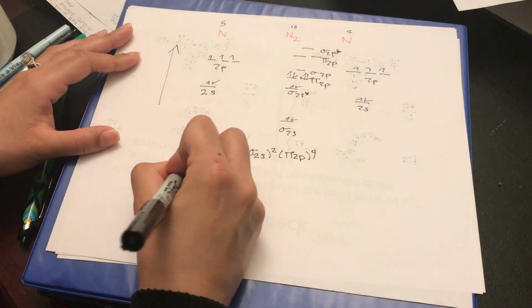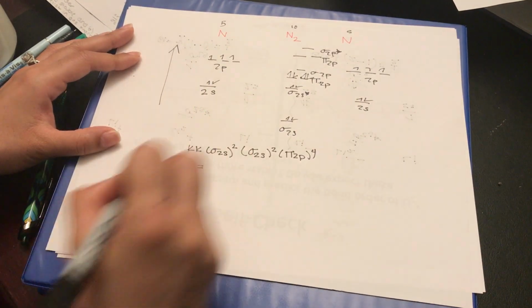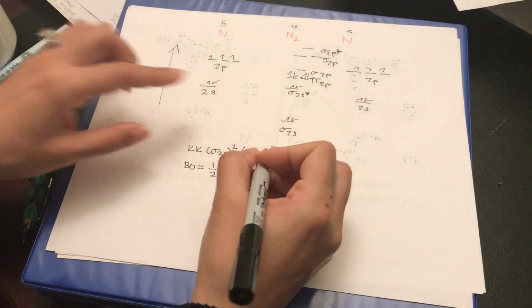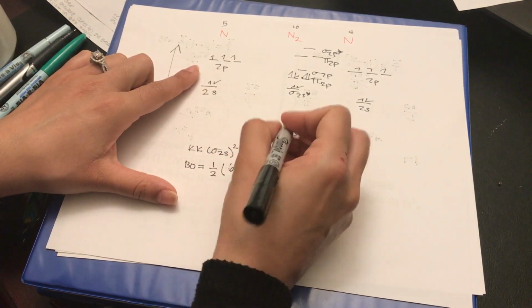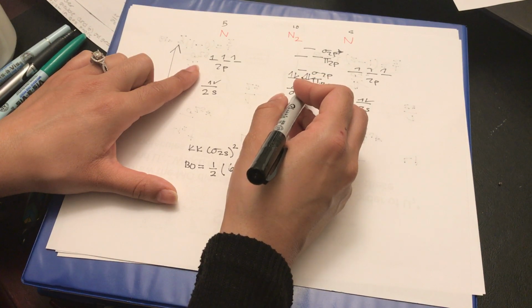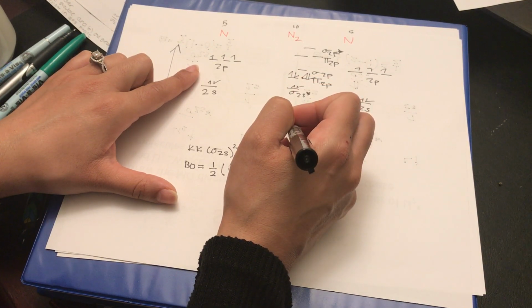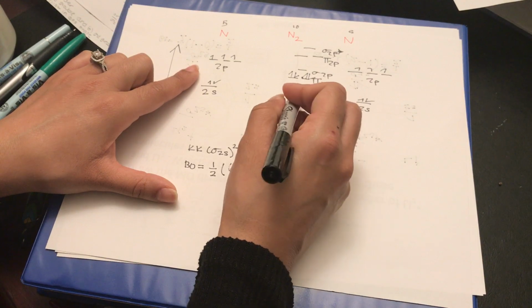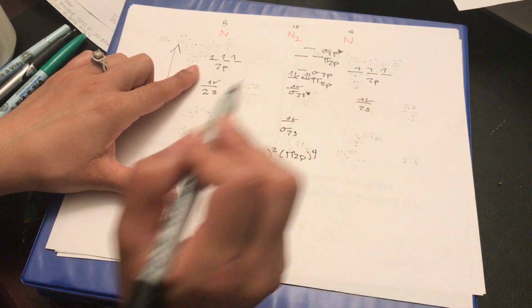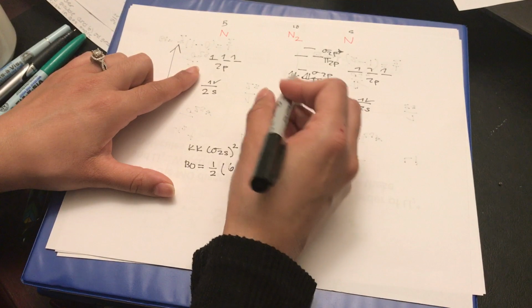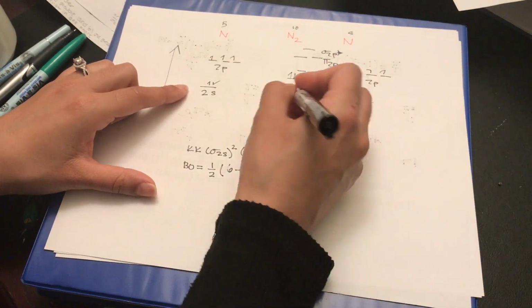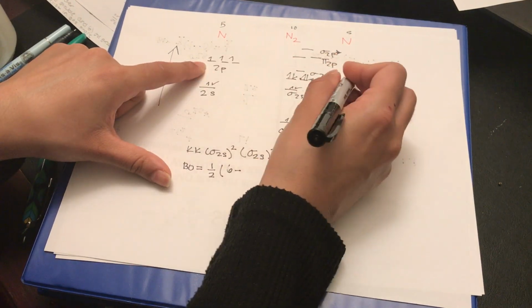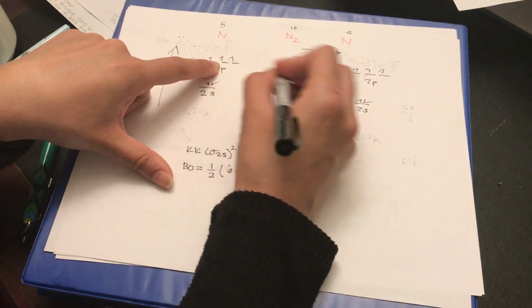Now, what's my bond order? 1/2 times 1, 2, 3, 4, 5, 6 minus... oops, I just realized I don't have 10 electrons, because I'm missing my sigma 2p.